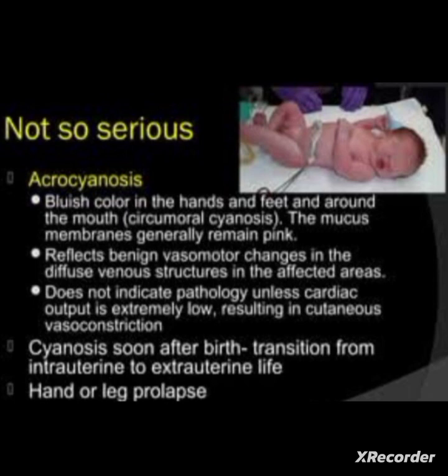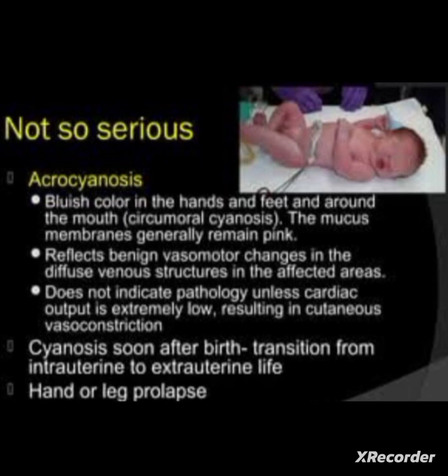Peripheral cyanosis is mainly due to lack of blood supply to the local area. The application of warmth will reduce peripheral cyanosis, but has no role in central cyanosis, where oxygen application is better.